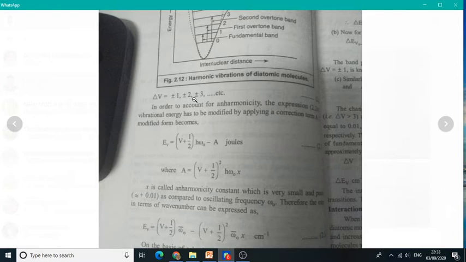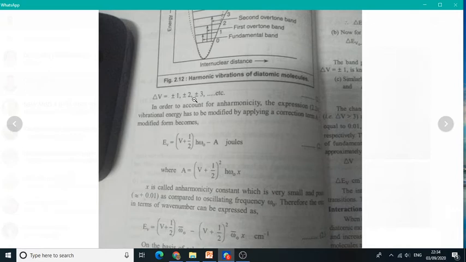Then in order to account for unharmonicity, the expression of vibrational energy gets modified, and we can apply the modified vibrational energy equation as E phi is equal to phi plus 1 half h omega oscillation minus a, where a is equal to phi plus 1 half bracket square into h omega oscillation into x, where x is the unharmonicity constant, which is very small and has a value approximately equal to plus 0.01.